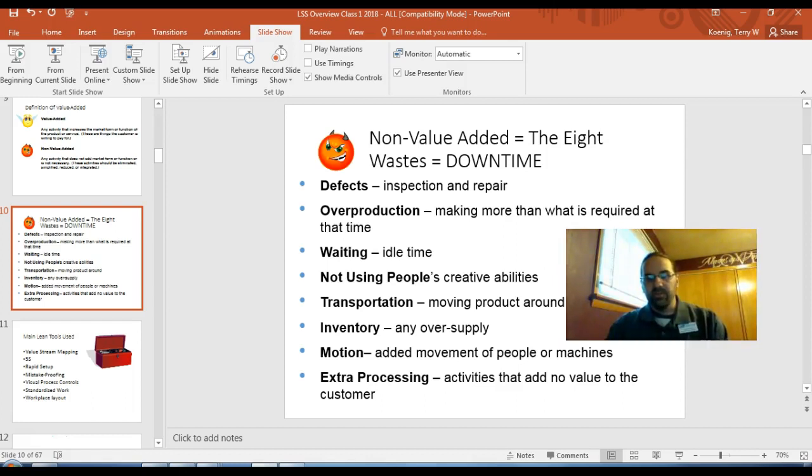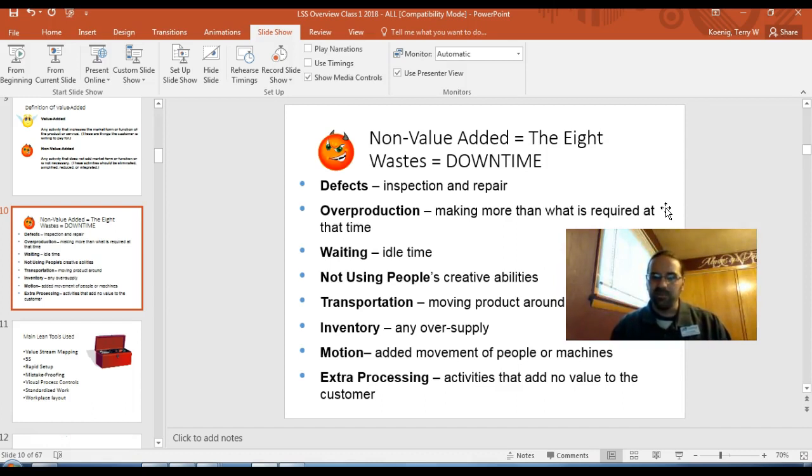Again, this is something you will see over and over through this course, other courses, and in the workplace. So non-value add, 8 wastes. Defects, inspection and repair, right? Defects, obvious waste if you're throwing it away.